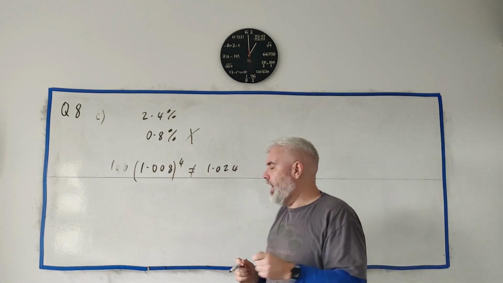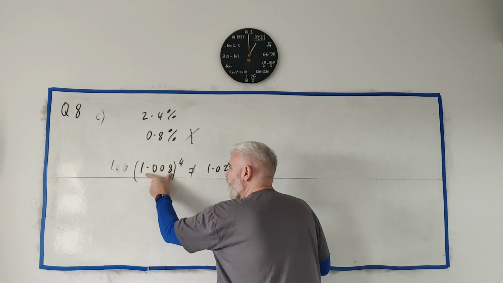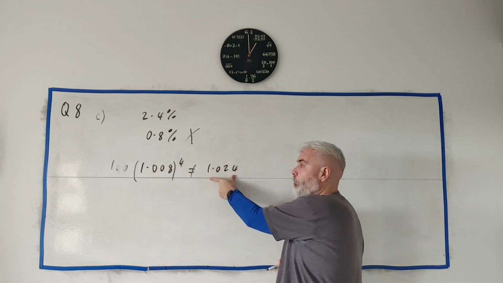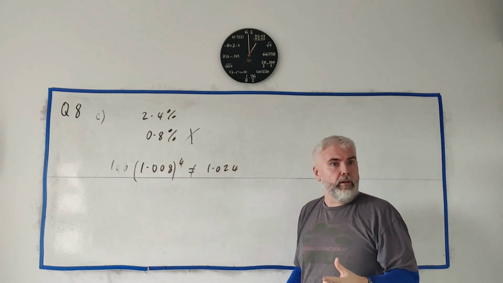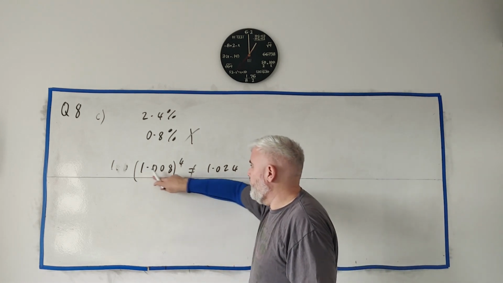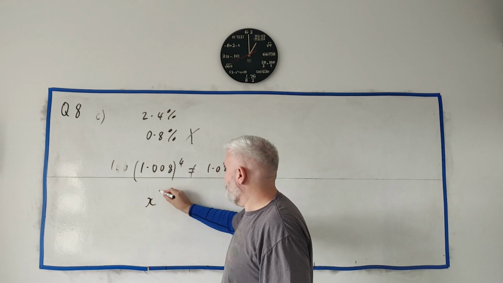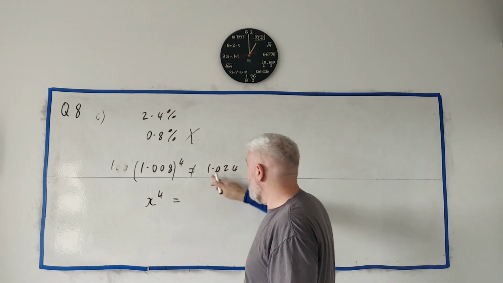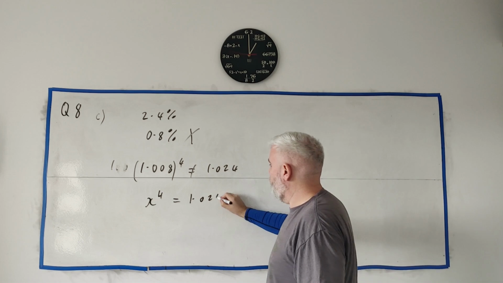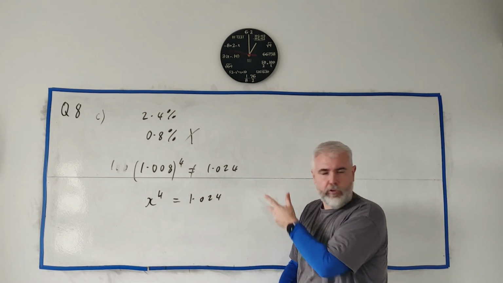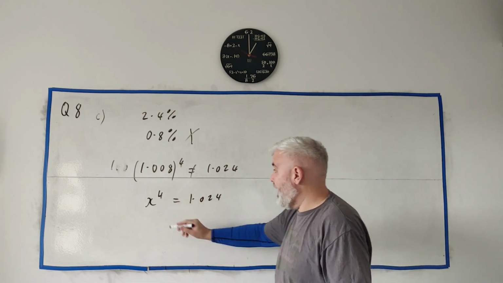What this question is really asking is, what number here would get you to this number, doing it 4 times a year? So that's relatively simple to solve. We can just put a big X here. X to the power of 4 is equal to 1.024. There's a slightly different way to do this, so I'll do it in a moment. What is X?